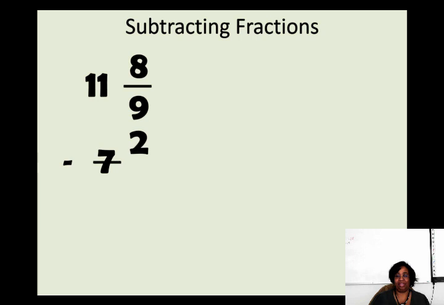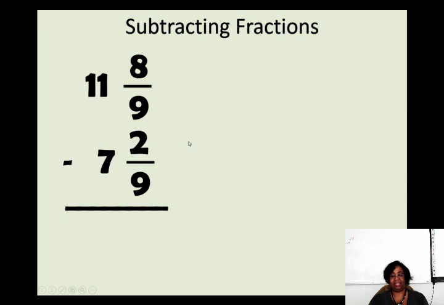Now when you have a lot of different steps, you always want to line up your problems like buttons on a shirt, vertically. Sometimes this is just a nice method to do your problem so it doesn't get too messy and you can work on the side. If I were to actually subtract this, I would get 8 minus 2, which gives me 6 over 9, and that reduces to what? What does 6 over 9 become? 2/3.